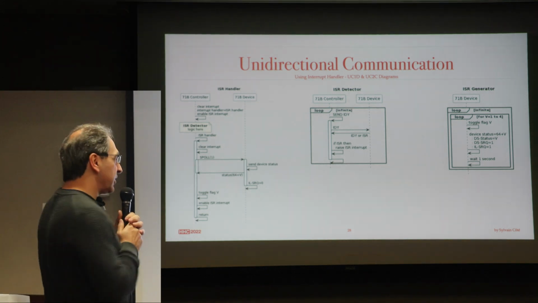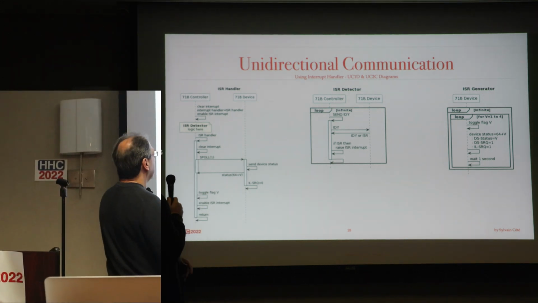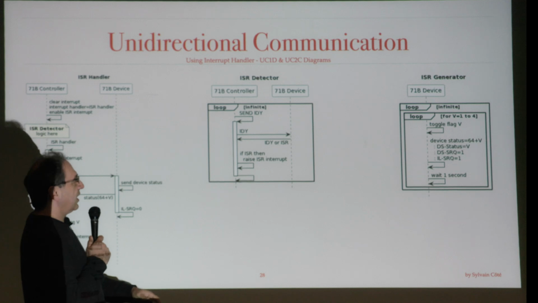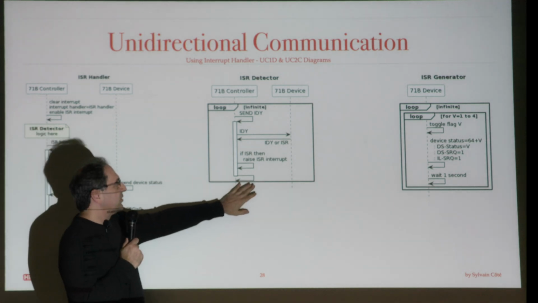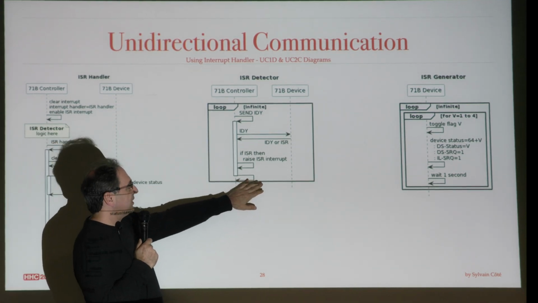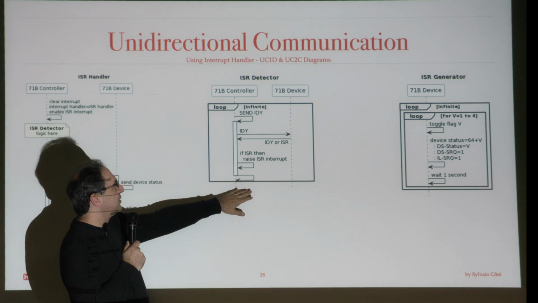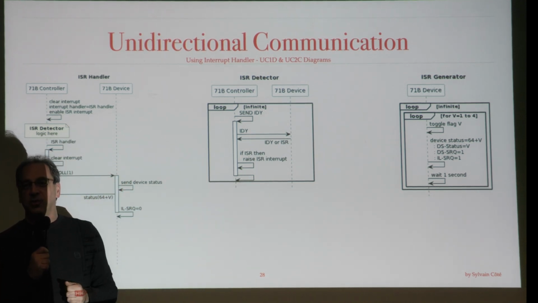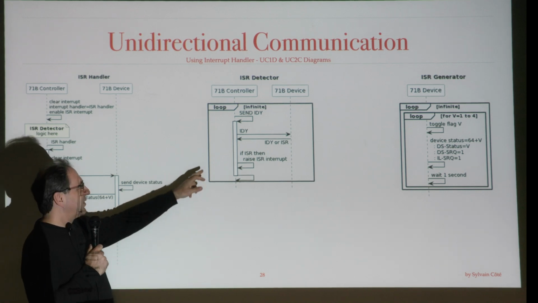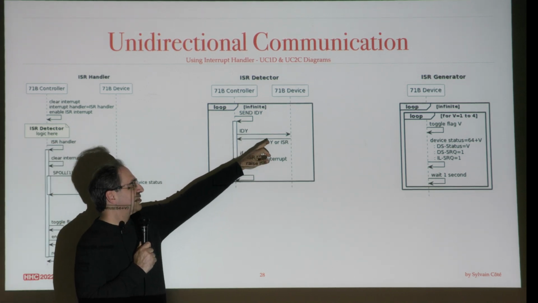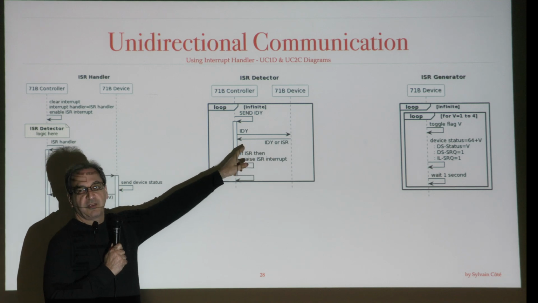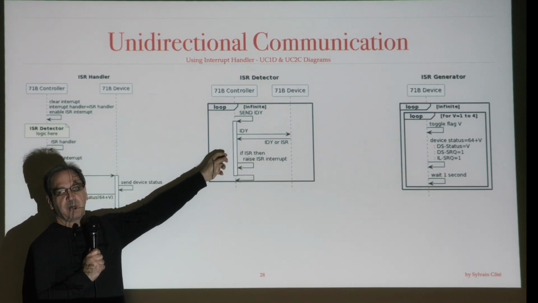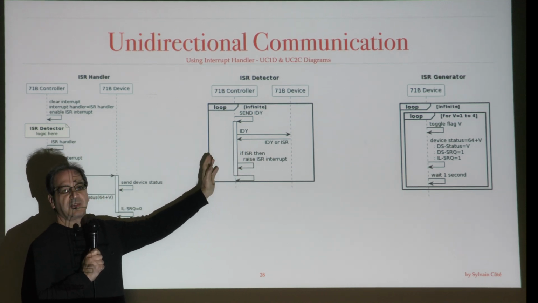So how can we do this? There are three parts. There's the interface, and the ISR detector, that's the one that's going to detect the service request. So it's going to send an identify message, and if it's coming back as identify, nothing is done.